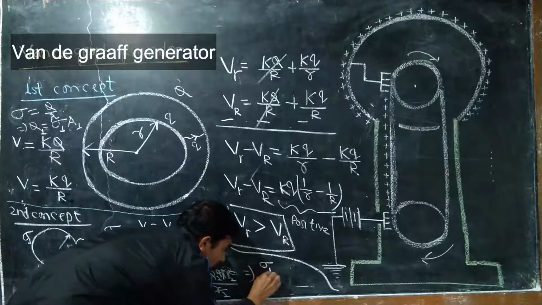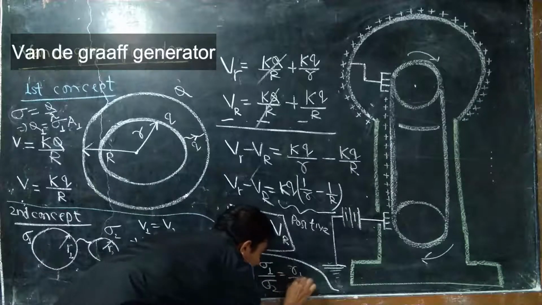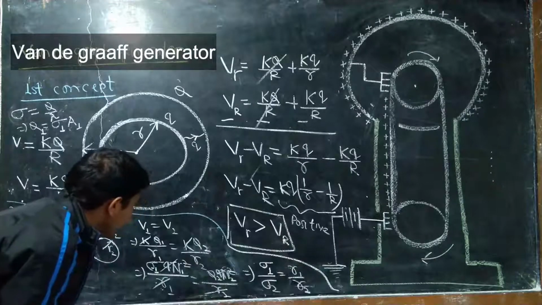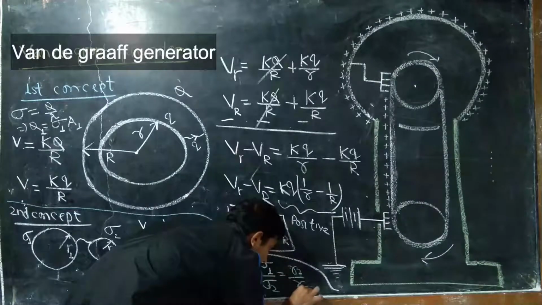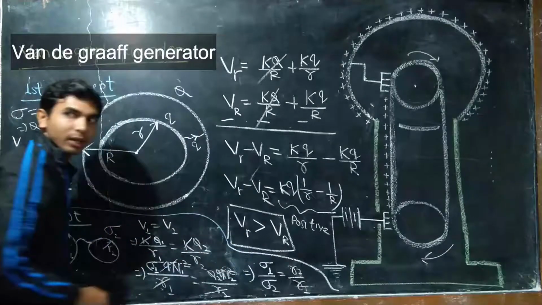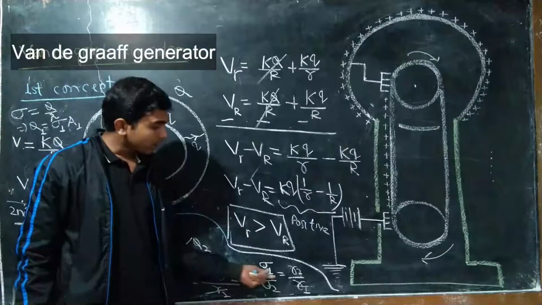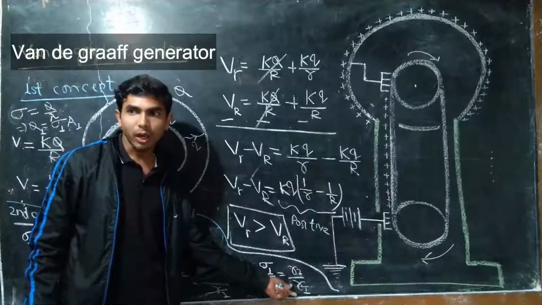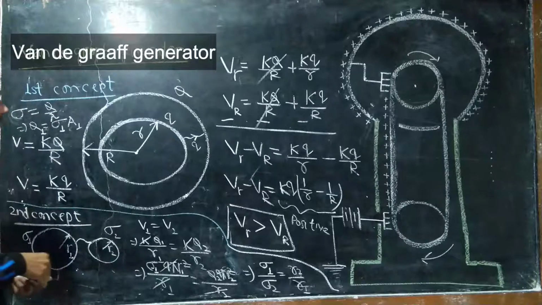Sigma 1 by sigma 2 is equal to R2 by R1, right? So from here you are able to get this relation. Sigma is inversely proportional to R, and that is the result we are going to use.